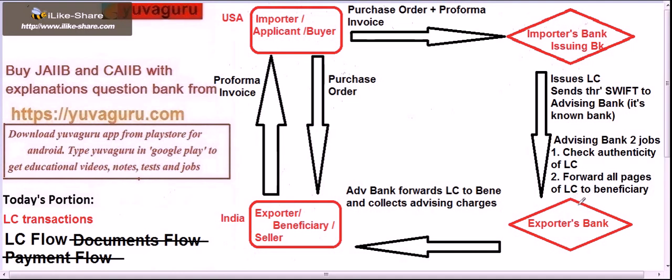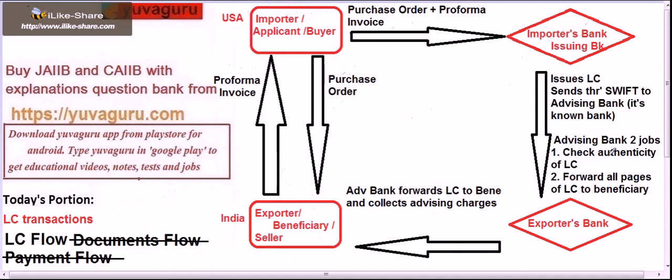Now what does this advising bank do? It has two jobs. First, check the authenticity, means if the LC contains the name of Citibank and the SWIFT code through which it has been received, and if that code is not of Citibank but some other bank, then there is an element of doubt that this might be a fake LC.